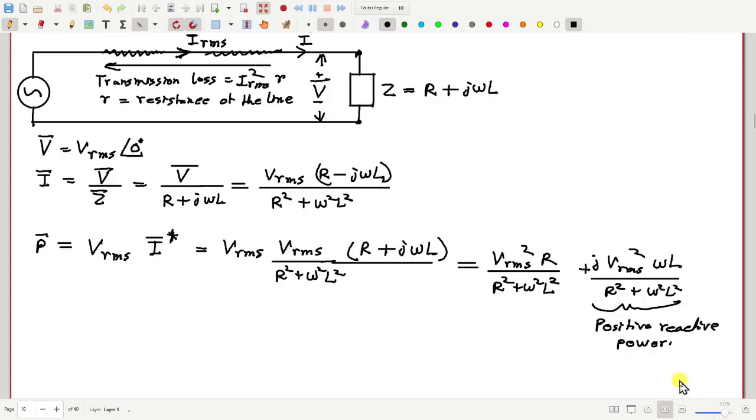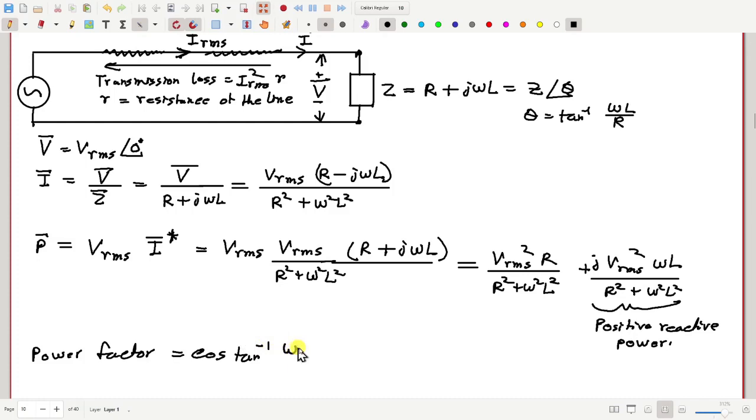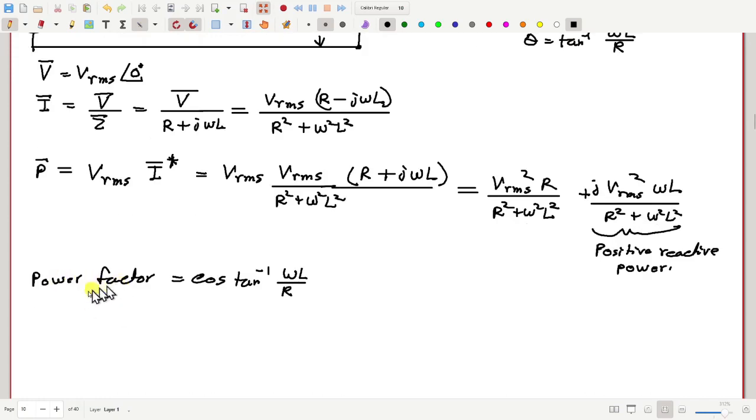Okay, and here power factor is equal to cosine of theta. How much is theta in this case? So this is Z angle theta, so theta should be tan inverse omega L by R. So we will have cosine of tan inverse omega L by R. Now the larger this inductance is, the lower will be the power factor.